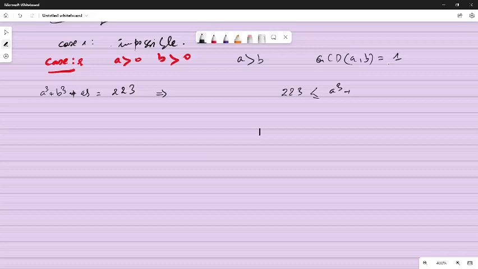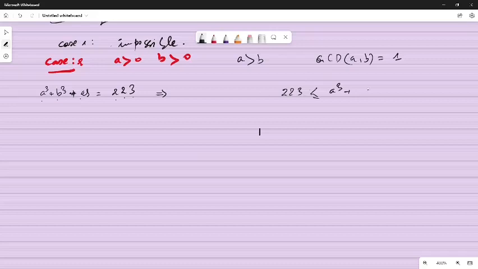Because if there is a number that divides both a and b, then this number must divide this prime number. And this is impossible. You can prove it easily.